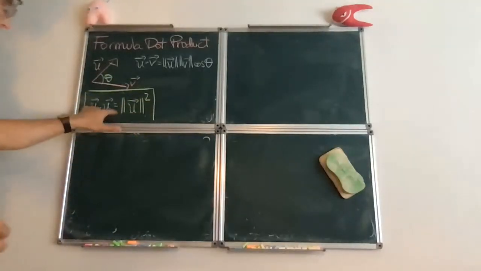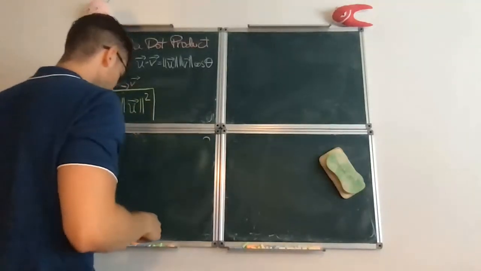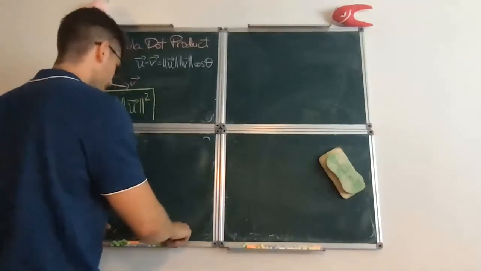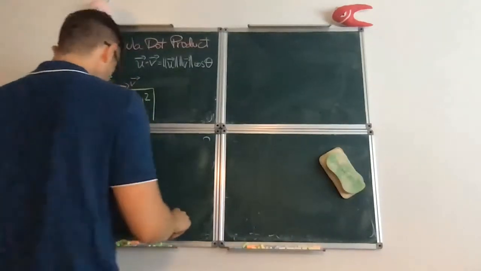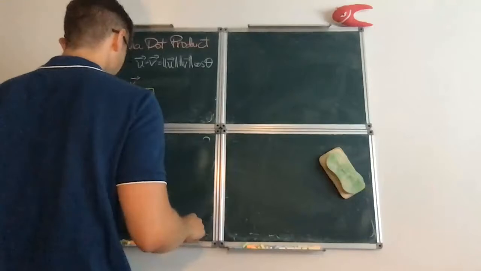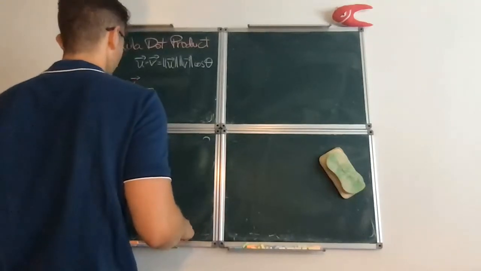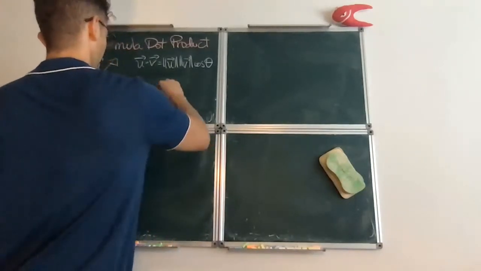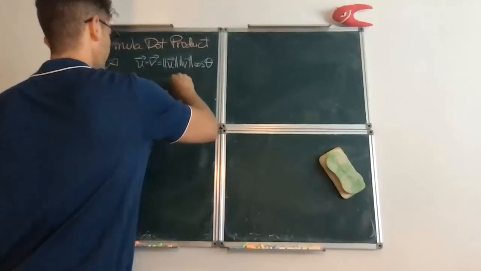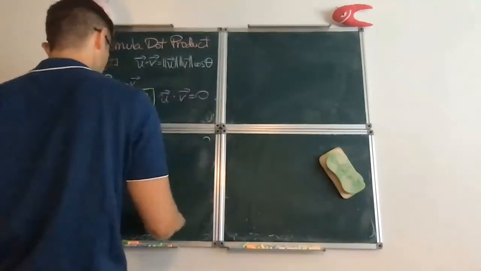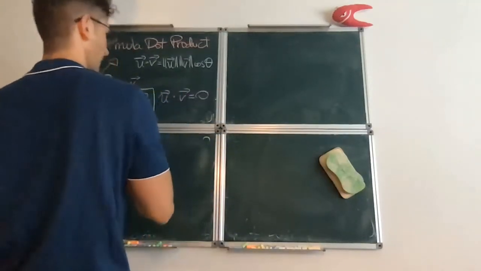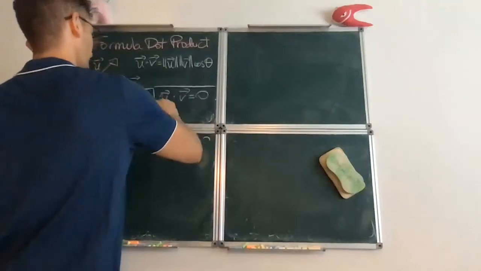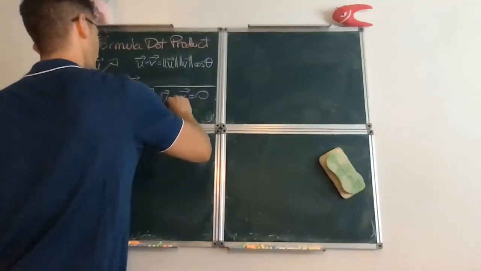Which we will use in a second. And the other important formula that we will use soon is that if you take two vectors which are perpendicular to each other, then their dot product is 0.